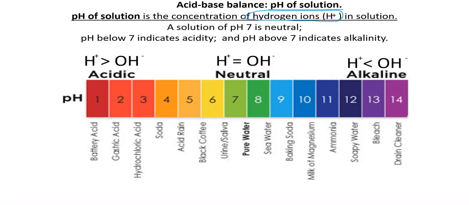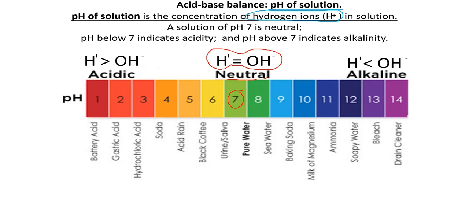If a solution has pH 7, it's called neutral, and it means it has the same amount of hydroxyl and hydrogen ions. The amount of hydrogen ions is the same as the amount of hydroxyl ions.